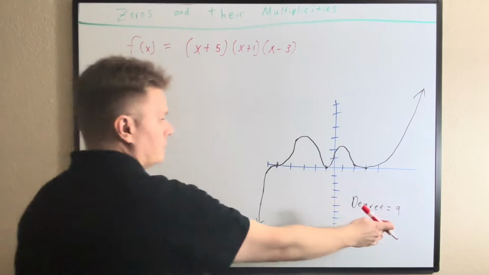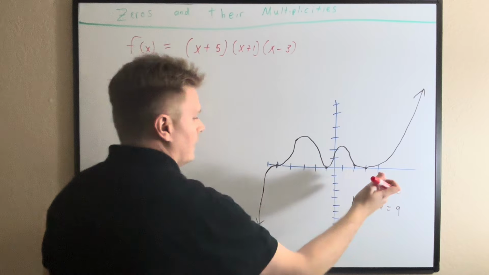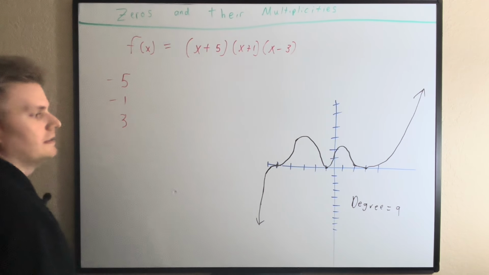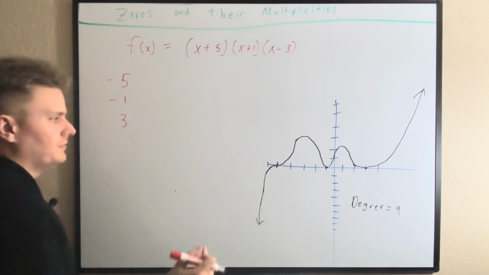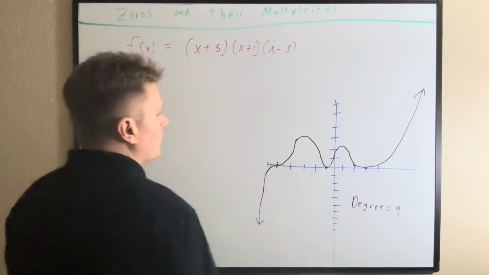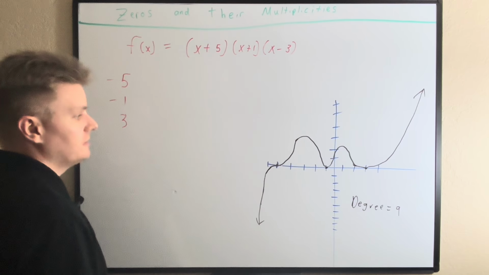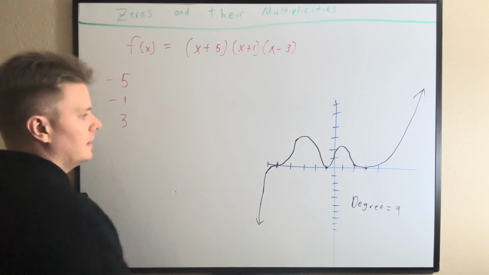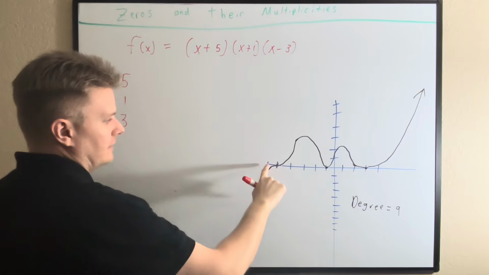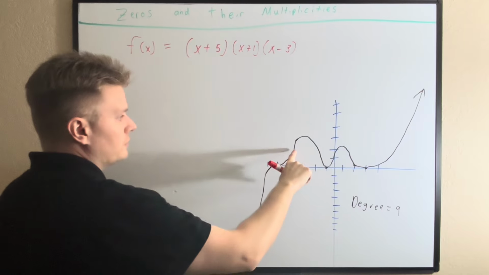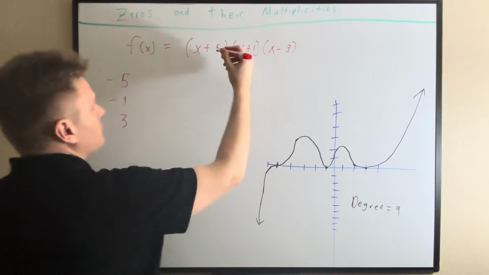They give us the degree, which is the total multiplicity. So we need to figure out which zeros have which multiplicity. So start with negative 5. Kind of flattens out and then goes through, so it's odd, but it's bigger than 1, so let's go with 3.